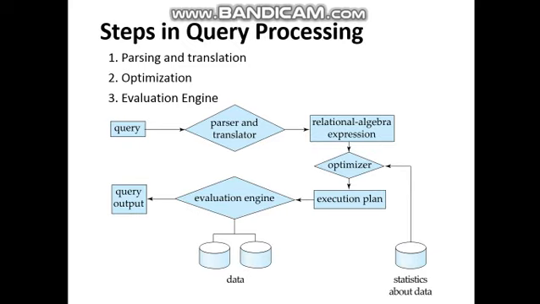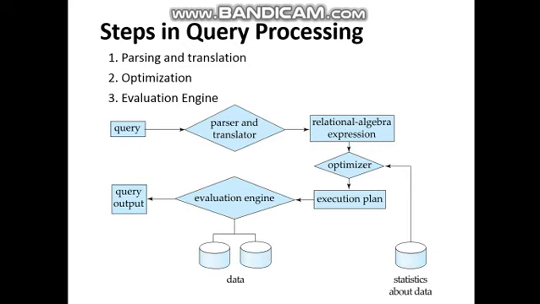So for selecting the appropriate plan, which is the output of the relational algebraic expression step, to choose the best execution plan, this optimizer will perform a check based on the cost of the queries or of the execution plans, based on the statistics about the data.